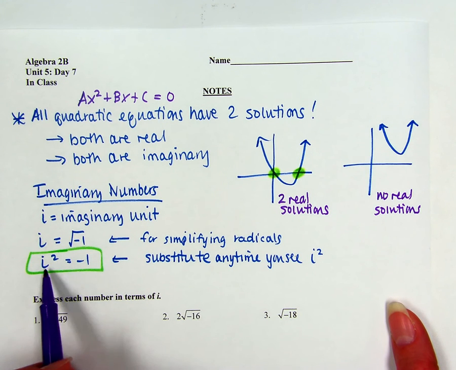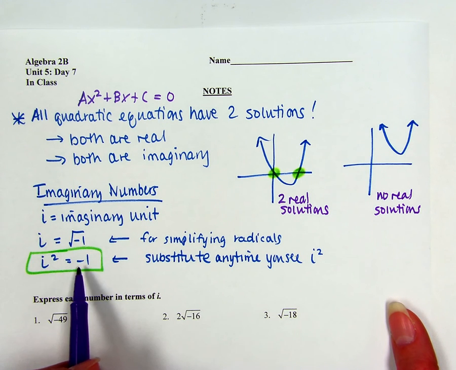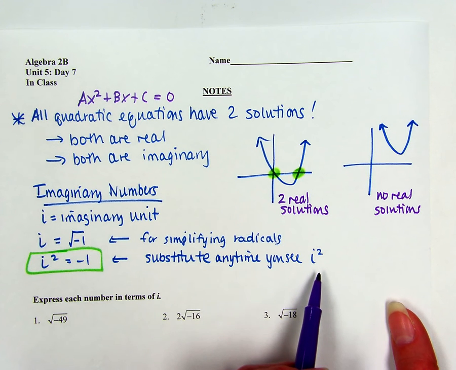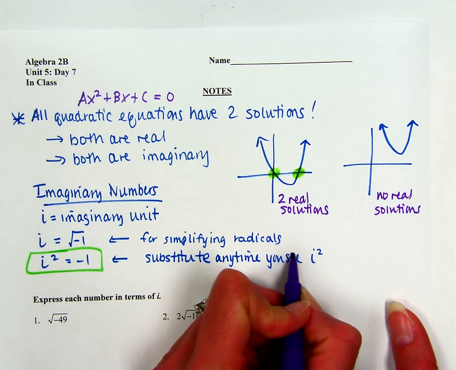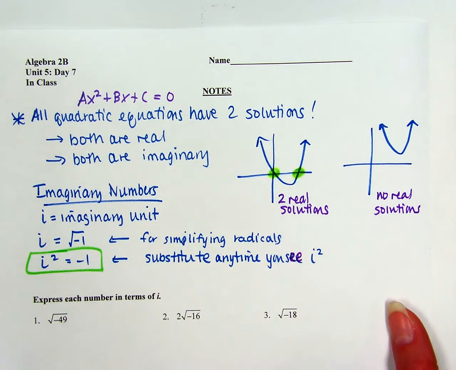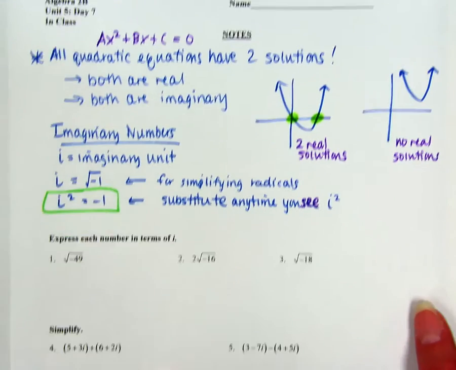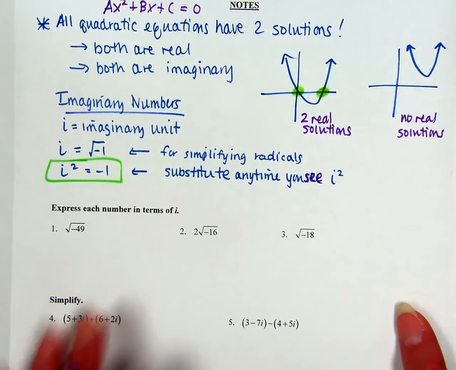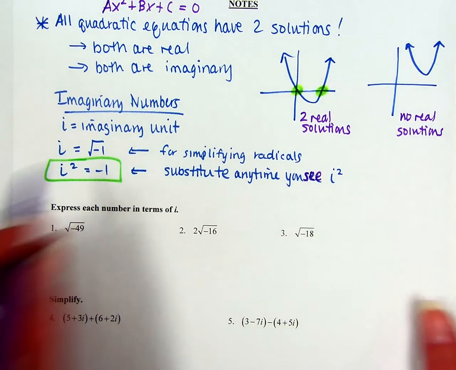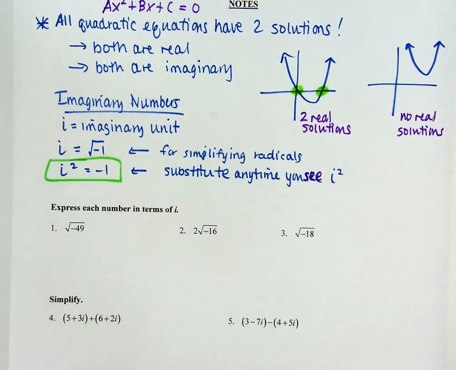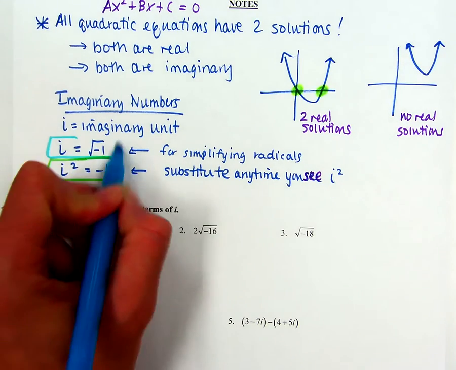We can square it and call i squared equal to -1, which we're going to use by substituting. So anytime that you see i squared, you're going to replace it with -1.